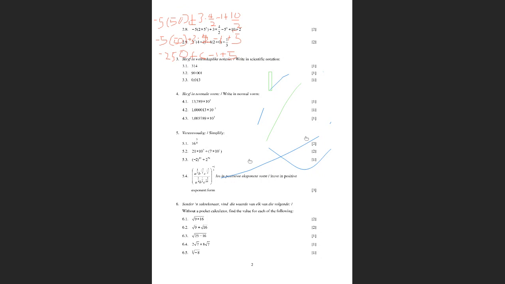So minus 250 plus 6, we have minus 244. Then minus 1 plus 5, we have plus 4. So minus 244 plus 4, we have minus 240. Any questions there?